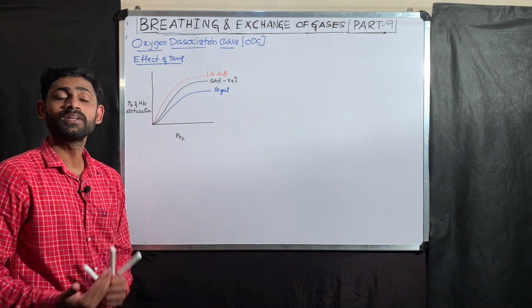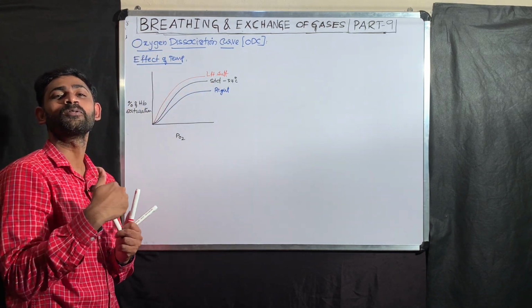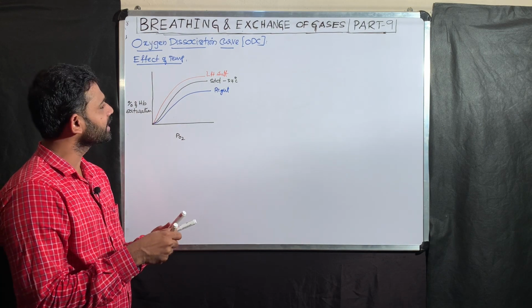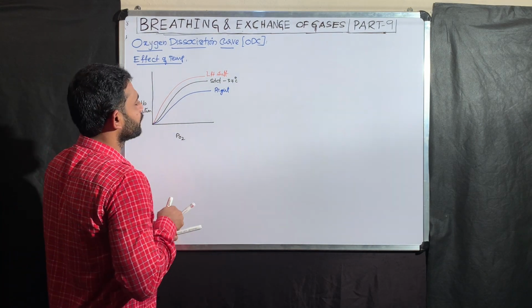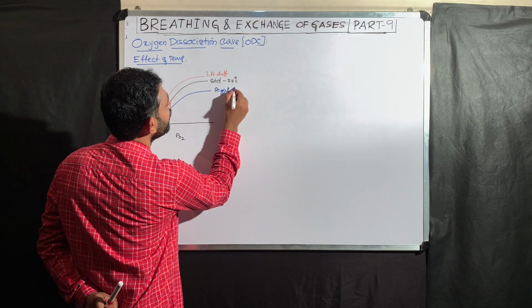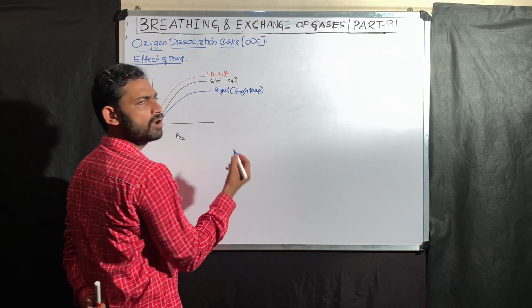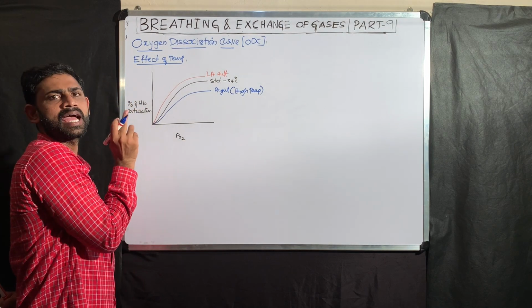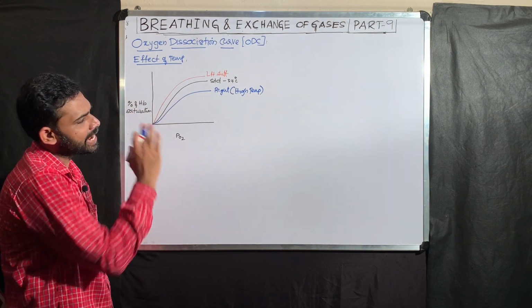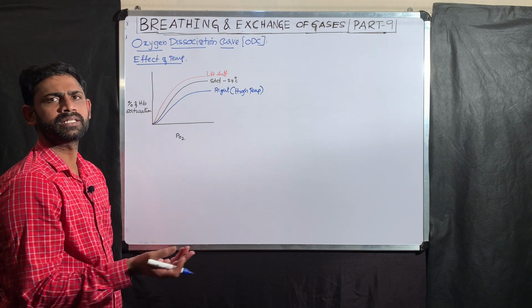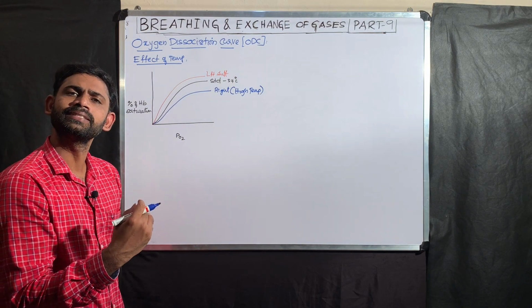Definitely right shift indicates the high temperature. High temperature makes the standard ODC shift towards the right. High temperature means you can take 42 degrees centigrade.